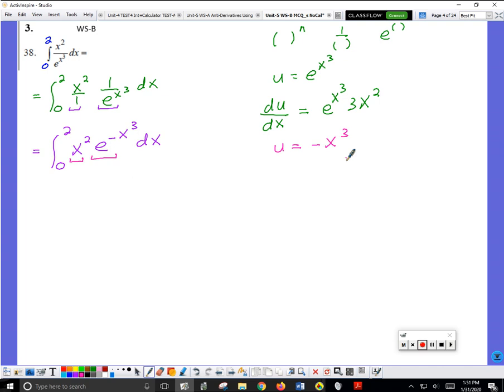Why is it the derivative? The reason it's the derivative is it's the chain rule backwards. When you use the chain rule, the last thing you do is take the derivative of the something. That's what we're doing here. The derivative of this something, this is not the best answer in the world, Dan, but it's probably as good as I can give you right now. The derivative of this something is negative 3x squared, which does match this, except that this is 1 and this is negative 3, which we don't care about.